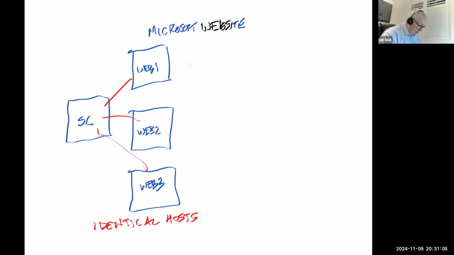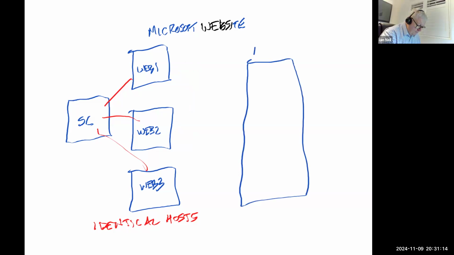So let's put in our load balancing. When you've got a load balancer, it does what it says on the tin. It balances the load. Now, this is not a Microsoft load balancer.